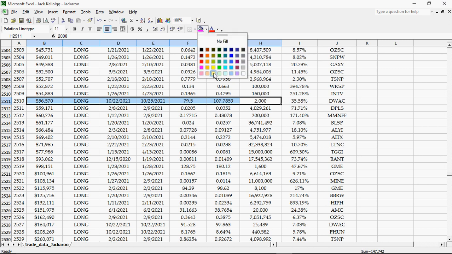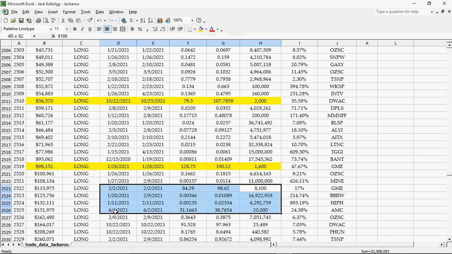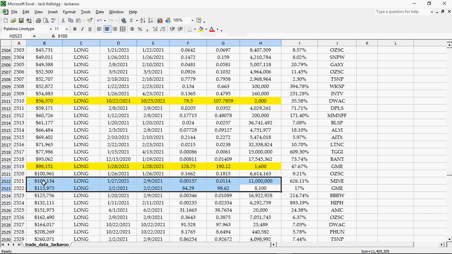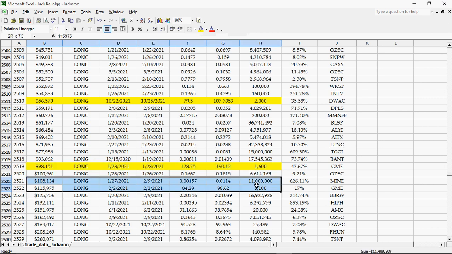And this is what I like about this. Look at this. This is what I want. This is what I want. And let me show you why. Look at this. 3 trades.